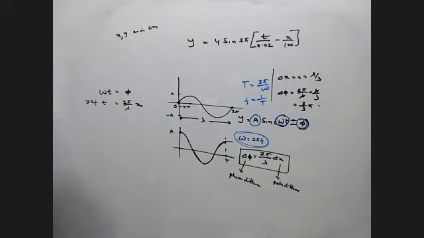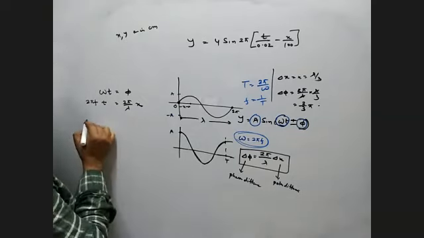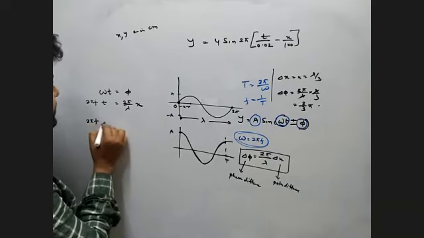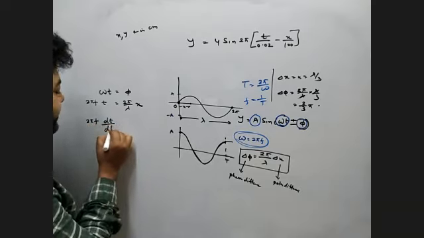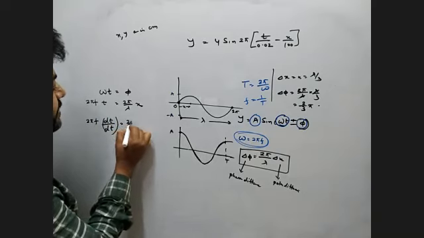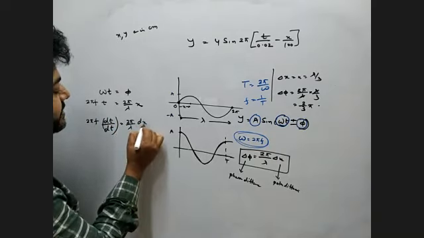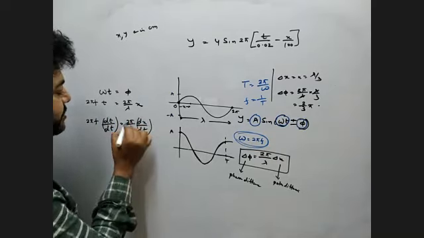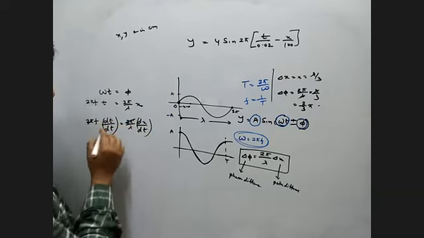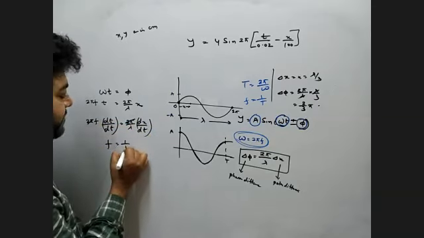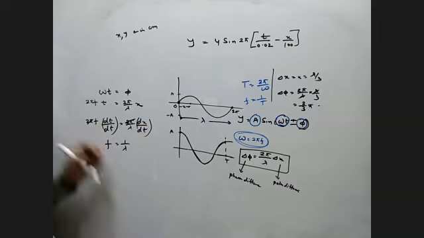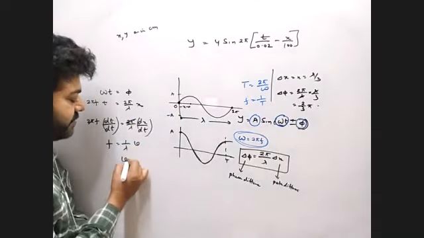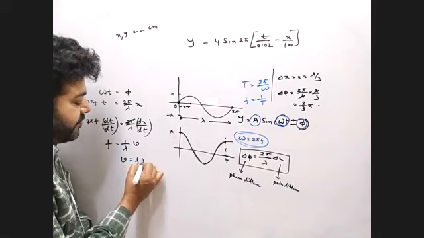Now, if you differentiate it with respect to time, 2 pi is a constant, frequency is a constant, dt by dt is 1. Now, 2 pi by lambda dx by dt. So this 2 pi cancels, dt is 1. So f equals 1 by lambda into dx by dt, which is the velocity. So velocity equals frequency times wavelength.